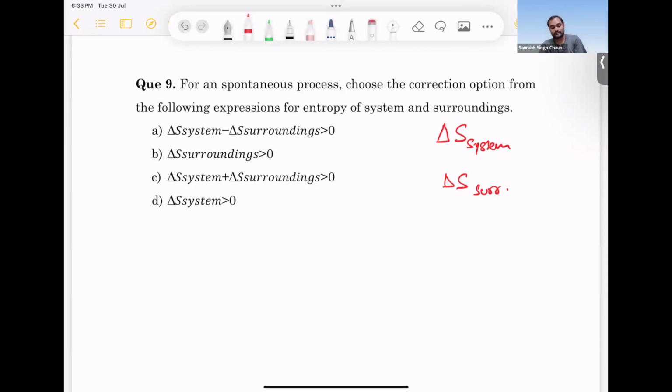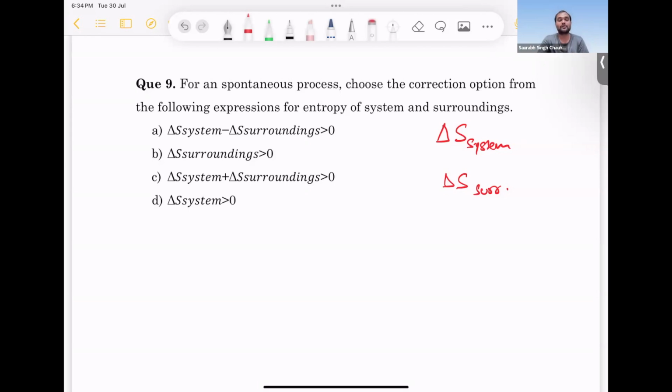Many times we will encounter this statement that entropy always increases. This is basically in the context of an isolated system. If you add system and surrounding, that will form an isolated system, right? System plus surrounding becomes the universe, and the universe can be assumed to be an isolated system.